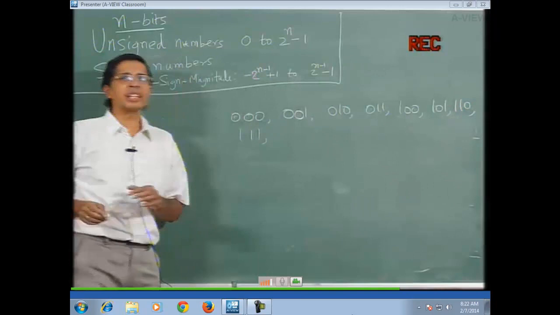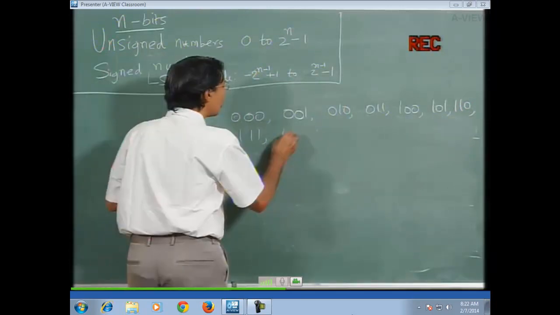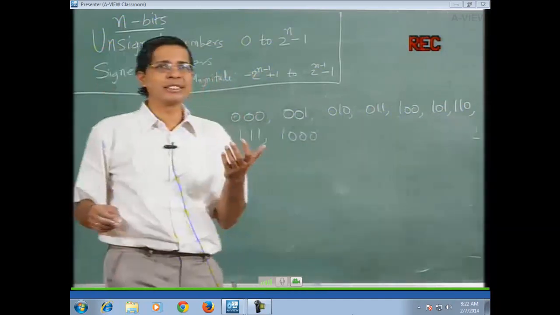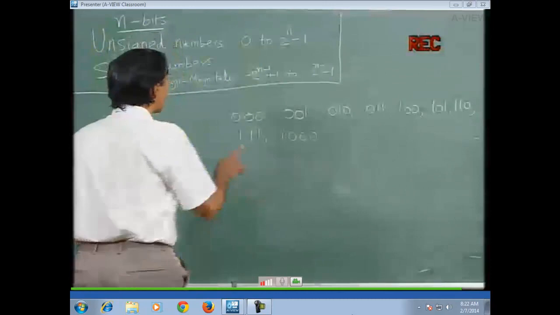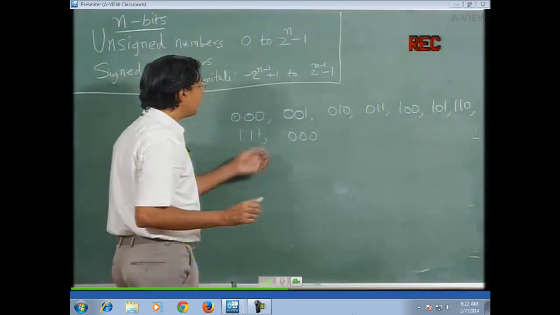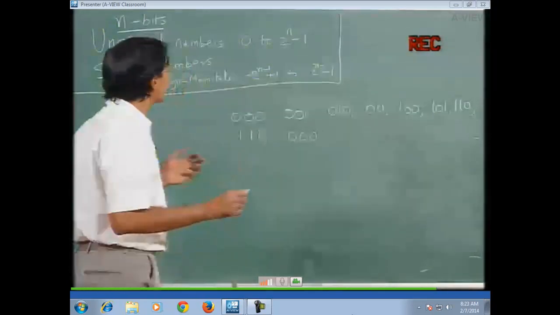After that you count another 1, what will happen? You will get 1 0 0 0, but since you can't represent more than 3 bits, this 1 will be lost.